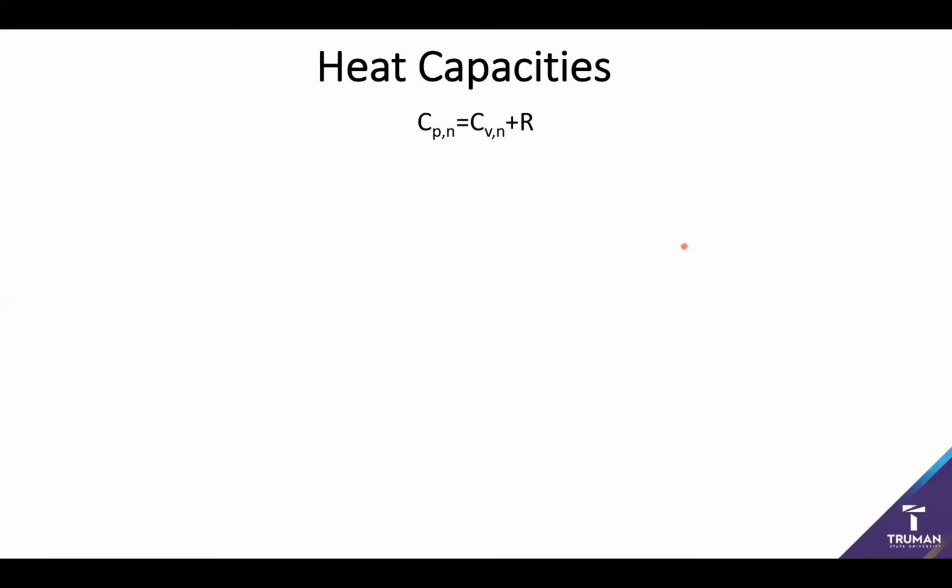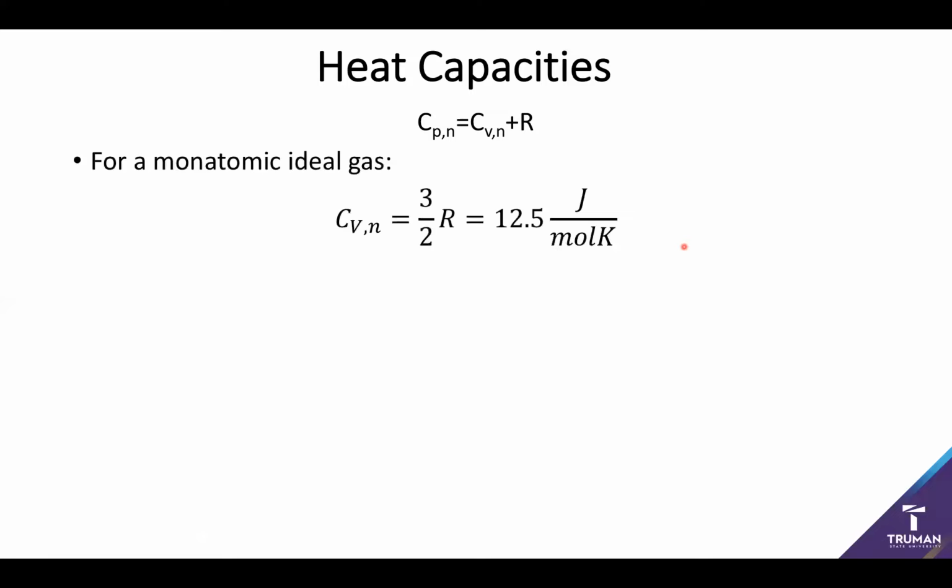So if I have a monatomic ideal gas, we've already seen that it has a heat capacity of about 3/2 R. And that's because I have essentially a 1/2 R dependence on temperature for every degree of freedom, and I've got 3 degrees of freedom because I've got 3 translational modes. So the isochoric heat capacity of, say, argon is going to be about 12.5 as long as it's ideal.